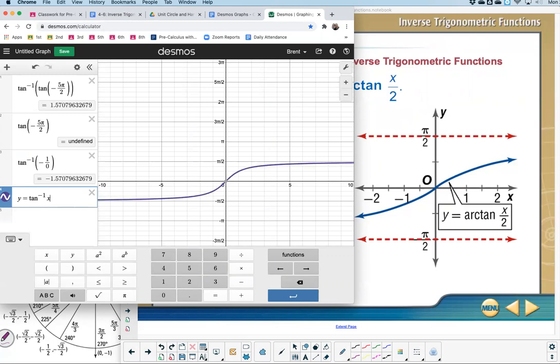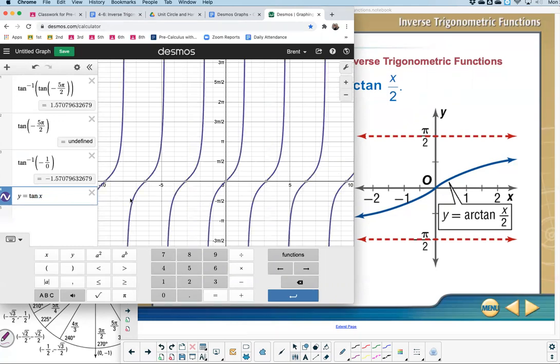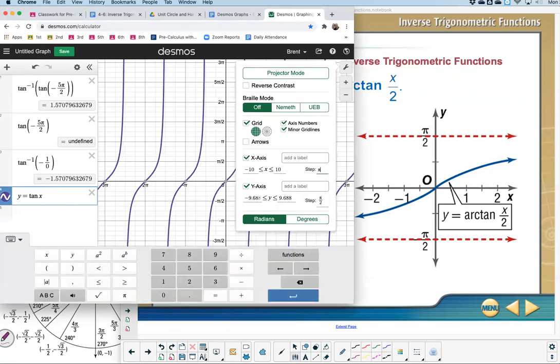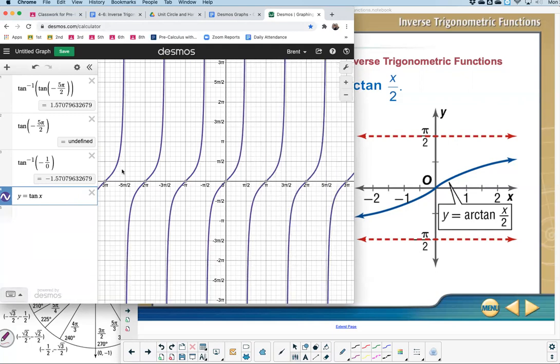I'm not looking at that. I'm looking at tangent. I'm sorry. So that one does exist forever, but that's not the part that's undefined. It's this previous part. Y equals tangent x. You will see that at pi over 2 and negative 5 pi over 2, this graph does not exist.